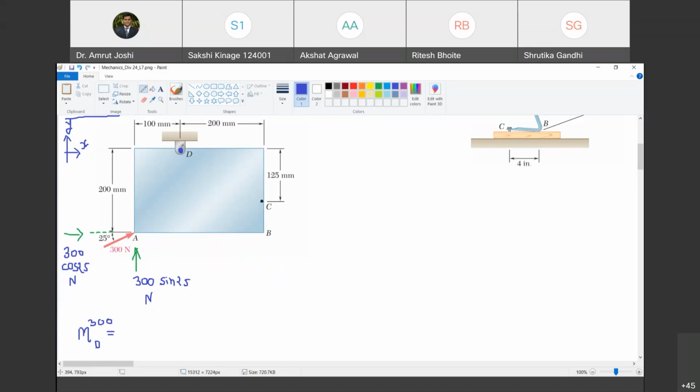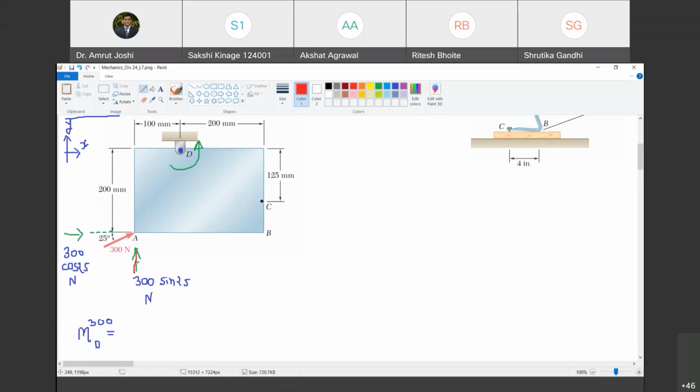So what will we have to do? We will have to hold the body at D and imagine only this 300 cos 25 force to be acting on a body at A. What kind of rotation will it produce at D? Anti-clockwise. Yes. So this component is going to produce anti-clockwise rotation. Now I will stick to the color code so that you understand.